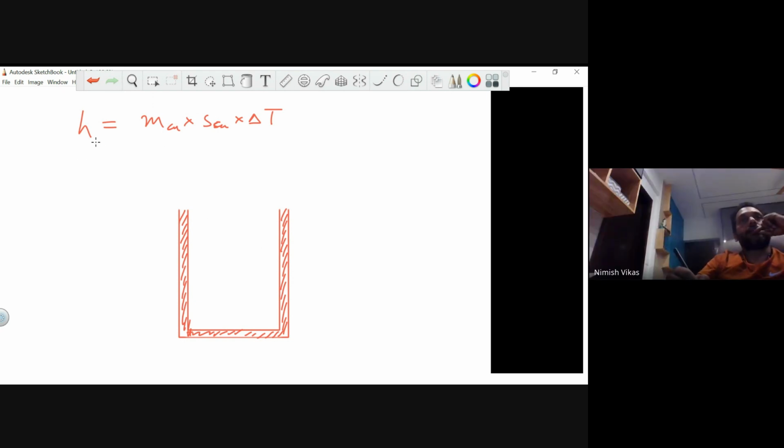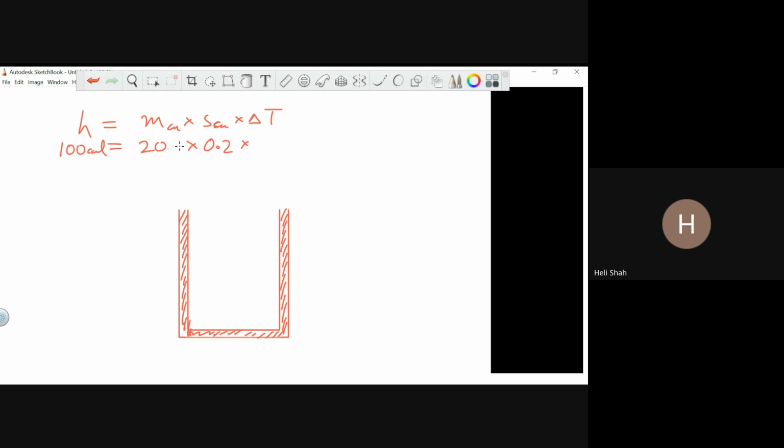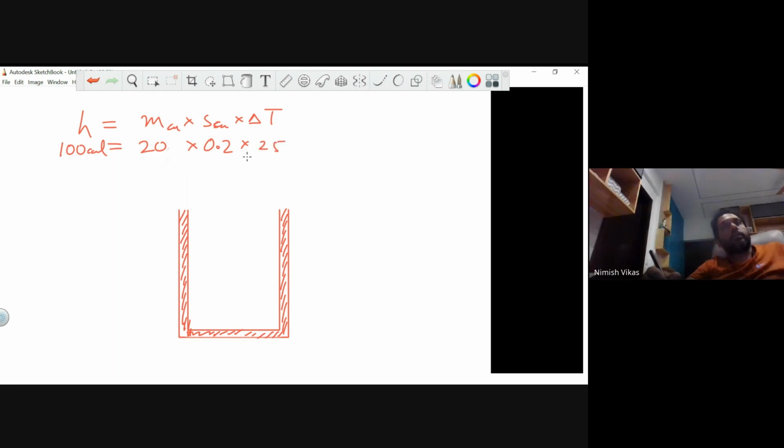So if I say this copper vessel was 20 gram, its specific heat capacity was 0.2, and if I give it 100 calories of heat, how much will its temperature change by? 25. Okay, very good. So it is going to change by 25 degrees Celsius, right?